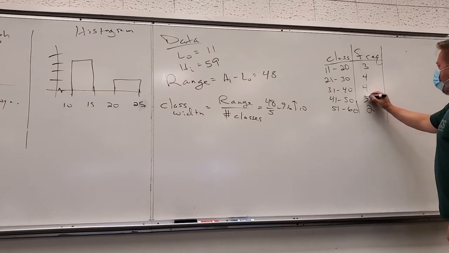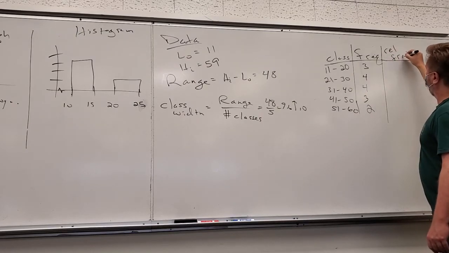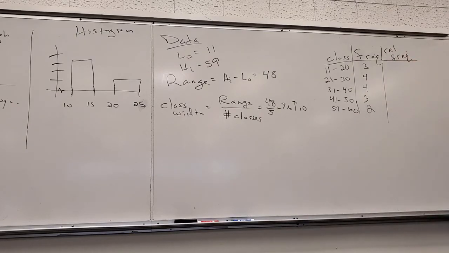Does anyone remember how to do this? Relative frequency. It's the frequency divided by how many data points there are in total. So it's just a percentage, right? There's 3 in here out of 16 total. That's all this is.